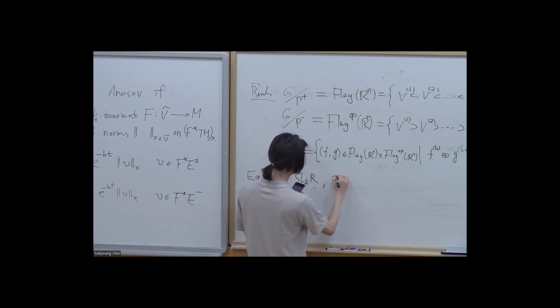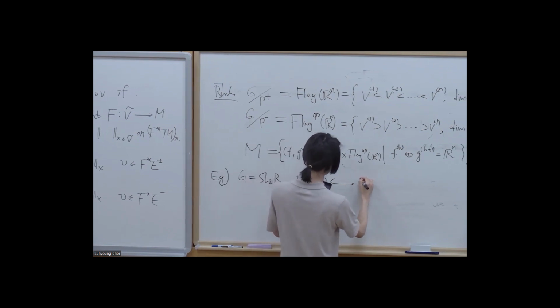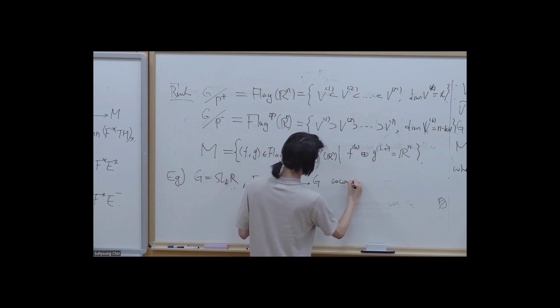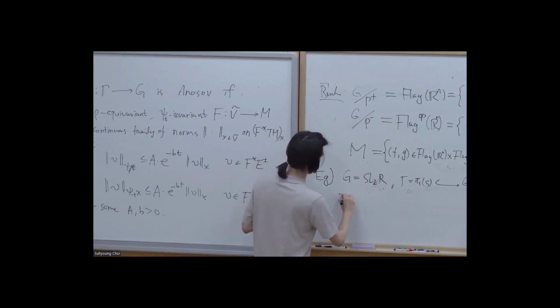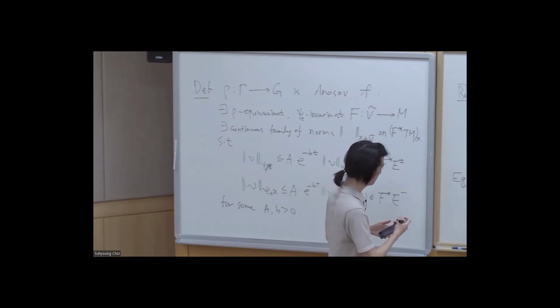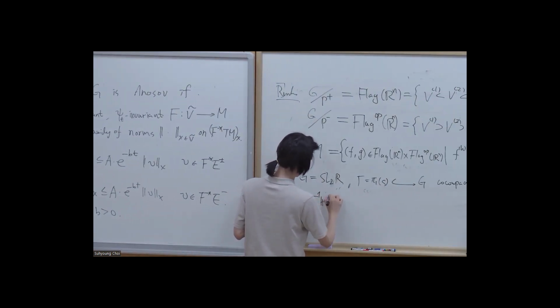And Gamma will be, of course, pi_1 of S sitting inside our G as a co-compact lattice. And then this map F here is, of course, from here.